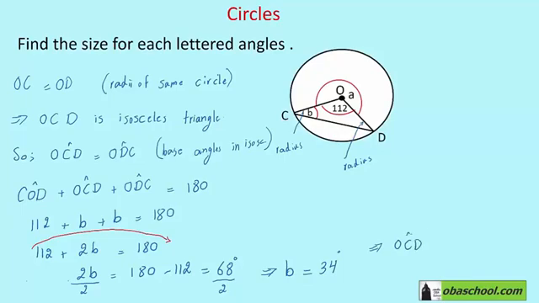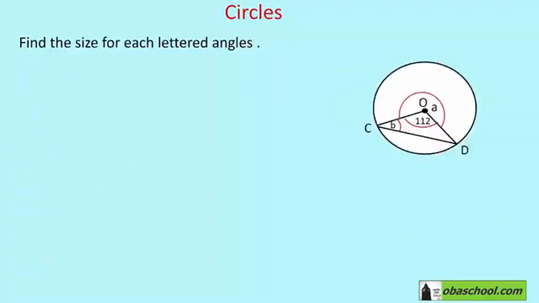Now that we have found the angle B, which is basically OCD and ODC, we have to find A. We already know that A is the other part of the circle rather than COD. COD is already given, equal to 112 degrees.